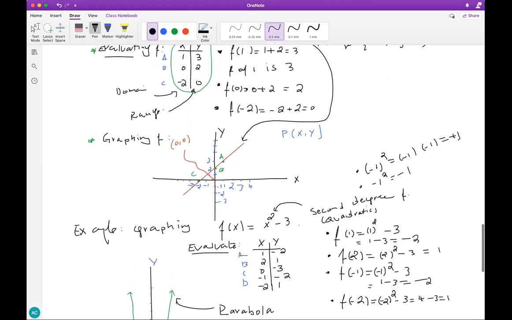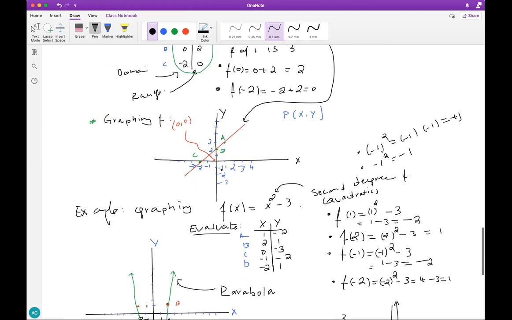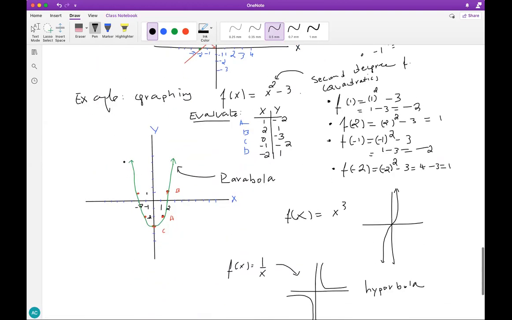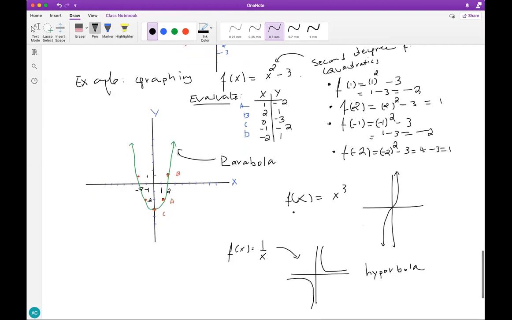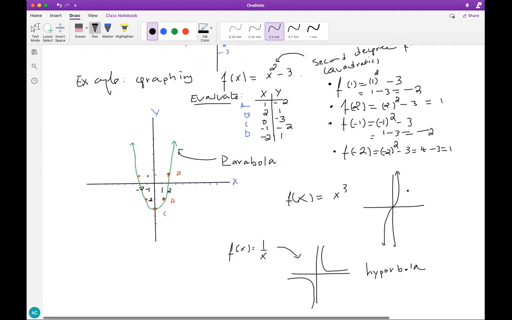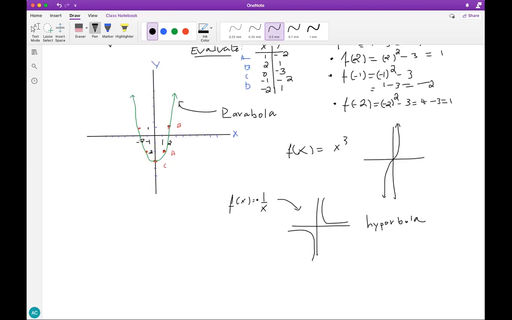So at least remember these 4. So if you have first degree, the graph has to be linear. Second degree, the graph is a parabola, up or down. If it's third degree, it has to look like this. It doesn't exactly go through this every time. It could be shifted to left, right, up and down, depending if you add 2 here, if you multiply by 3 here or something. Same thing with this one.